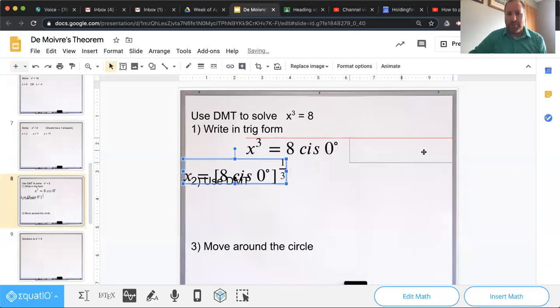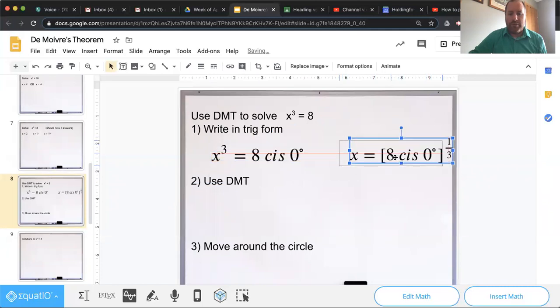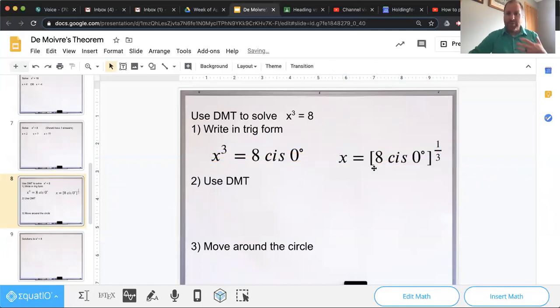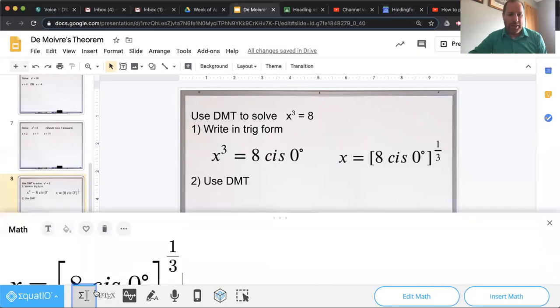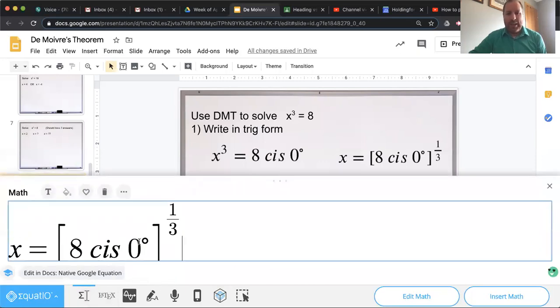We can put that in a trig form and we can solve it. And then here we would use de Moivre's theorem to go about this. We would say, well, this is 8 to the 1/3 power.